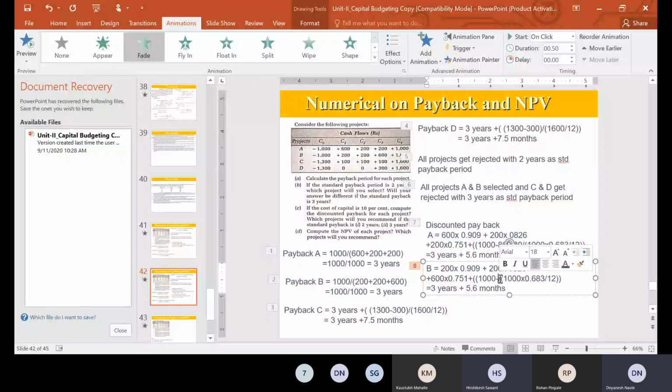So this remains same, 3 years, and this month thing will change. Let us see. Okay, so this is 2.5 ना?